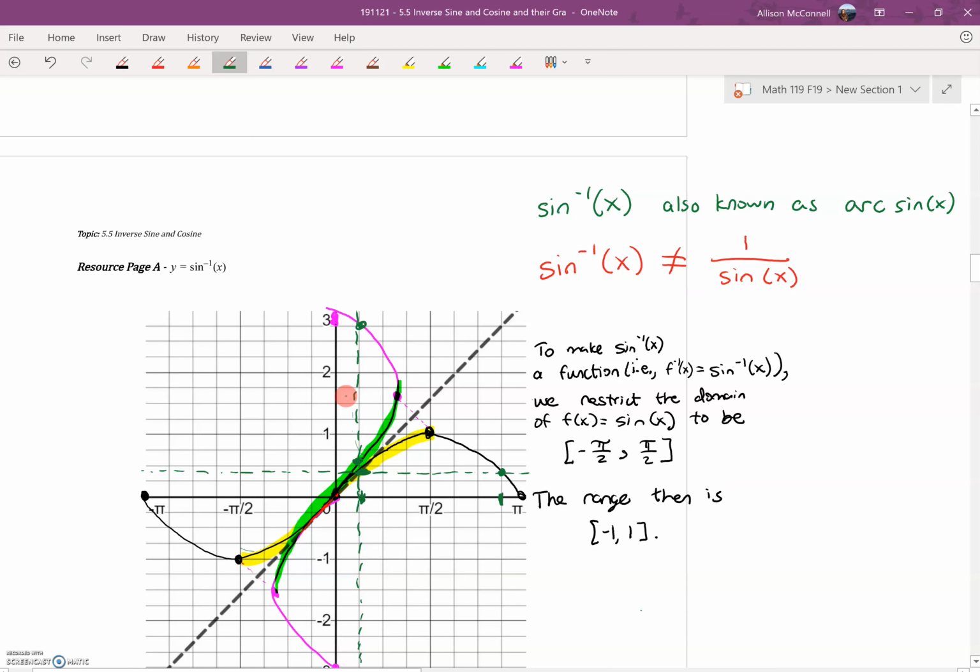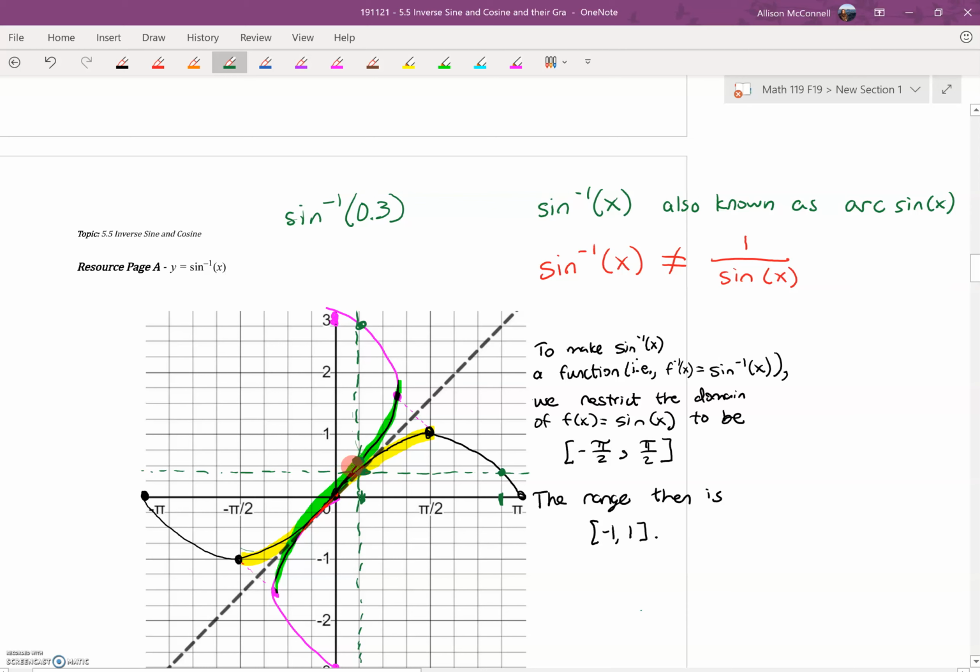And notice here how we restrict that domain, so we only have that one output value. And so when we have the inverse sine of 0.3, that input of 0.3 will give us the output of the angle.